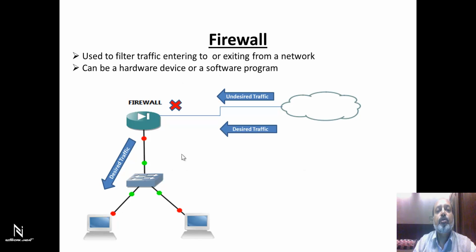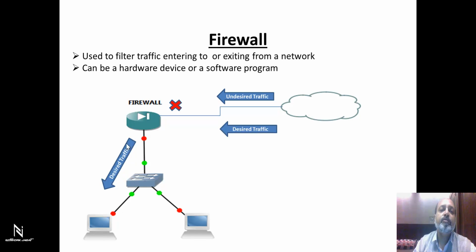Anyway, the main purpose of this firewall is to filter out the undesired traffic. The undesired traffic cannot come on this side, whereas the desired traffic is coming on this side, right? So this is the main purpose of a firewall. A firewall is basically a system which filters the traffic that is entering or exiting.